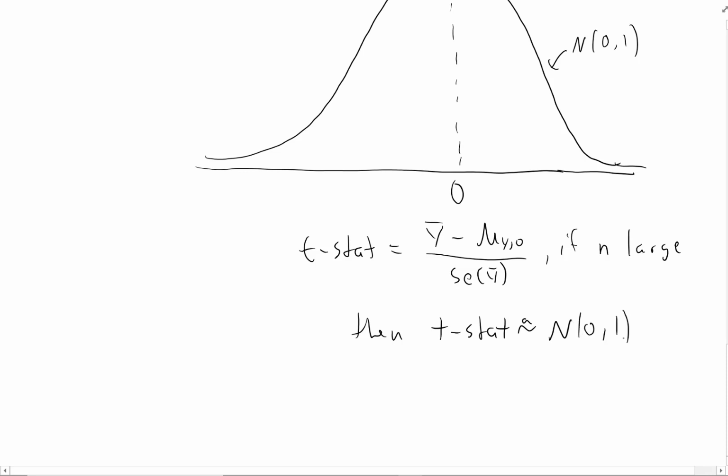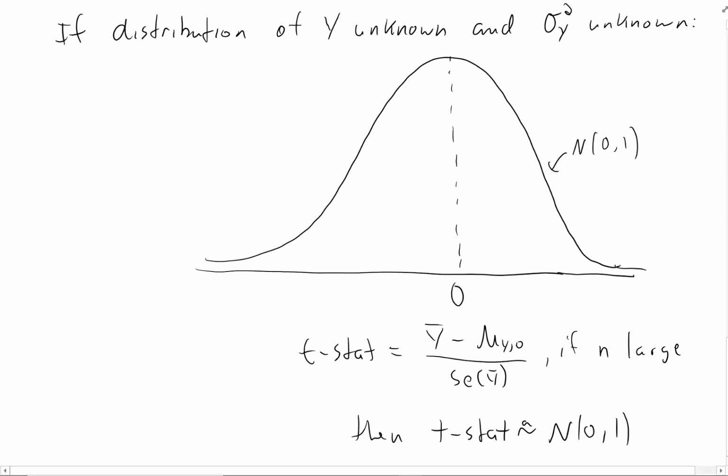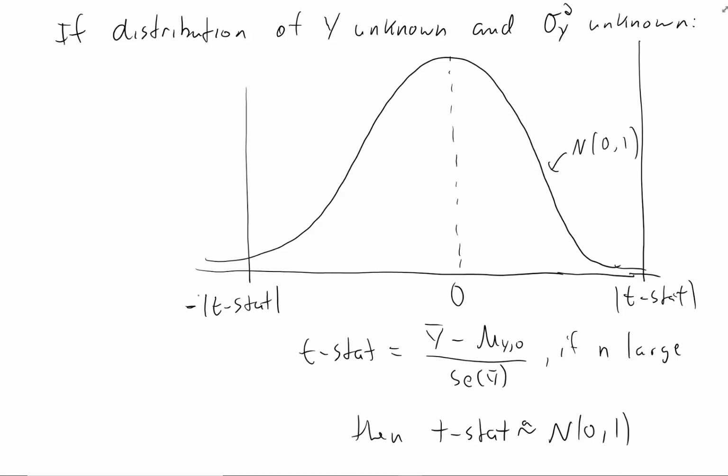Because we're subtracting the mean and dividing by this standard error, or you can think of that as like the sample standard deviation, we come up with it the same way, getting the negative and the positive version of the absolute value of our t-stat or t-ratio. We're doing the exact same thing, but the distribution that we use to come up with this p-value is different.